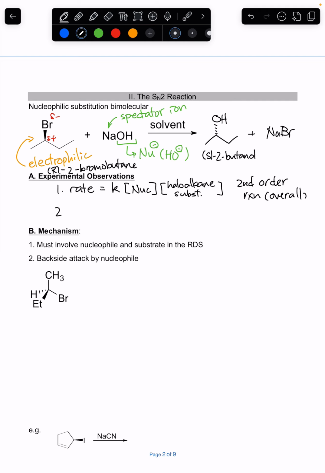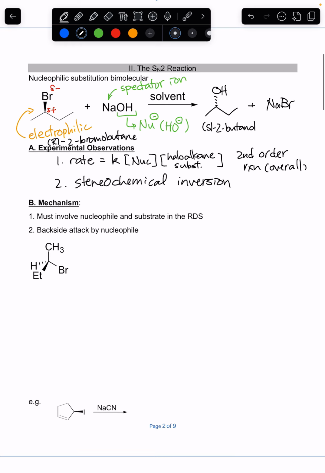And the second observation might be that there is a stereochemical inversion after the reaction happens. So the mechanism we come up with needs to be able to explain both of these phenomena, and that's what you do in a mechanism.